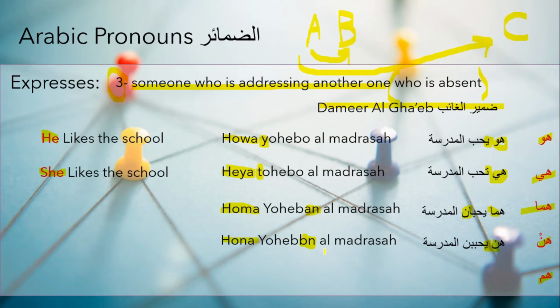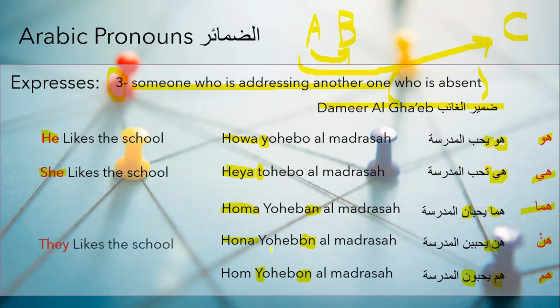So this noon is noon al-niswa, which we talked about earlier in our lecture. We explained noon al-niswa and waw al-jama'. Noon al-niswa is used for a group of females, and waw al-jama' is for a group of males. So هن يحبن المدرسة, or هم يحبون المدرسة.